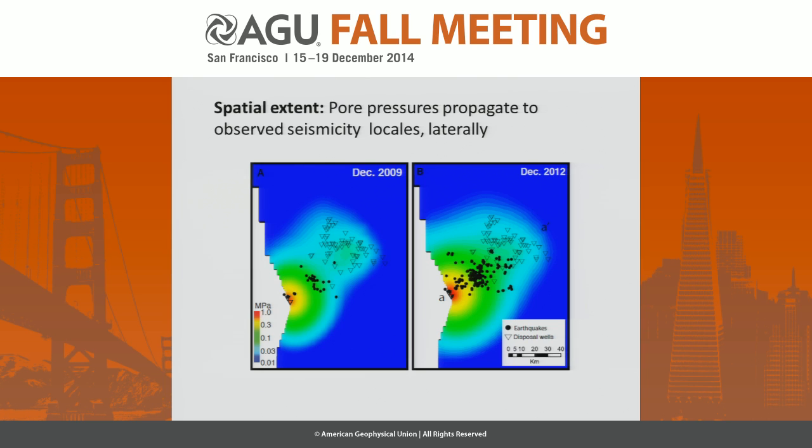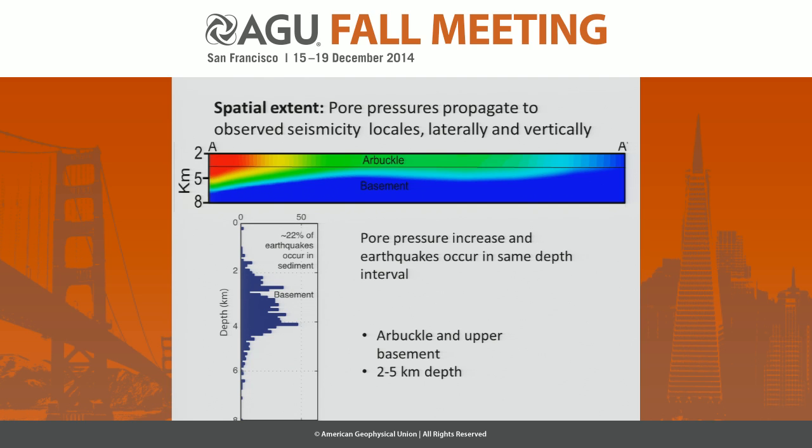And so the one thing that I want to highlight here is that the lateral propagation of pore pressure can go to a considerable distance of 20 or 30 kilometers laterally. And then in the vertical direction, the pore pressure propagation can also go down to considerable depths. And this color scale is the same as the previous plan view.